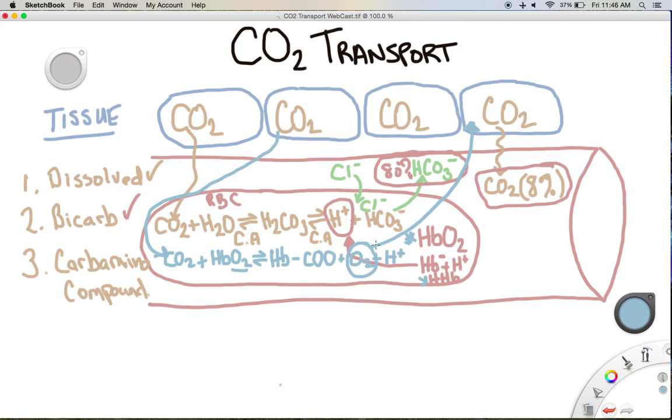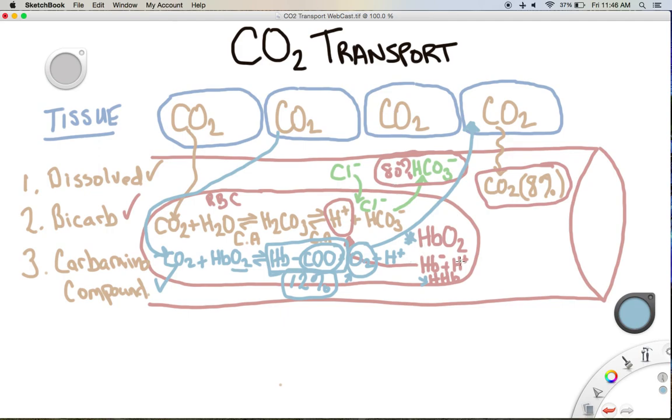That's perfect because we needed that to get up into the tissue, and now we can carry this CO2 molecule on this carbamino compound and bring it all the way back to the pulmonary circulation to offload this CO2 and then pick up another O2. And by picking up another O2, it'll knock that CO2 molecule off, and this just keeps going around and around and around. So this carbamino compound represents roughly 12% of how CO2 is transported in our blood. And that's the final mechanism.